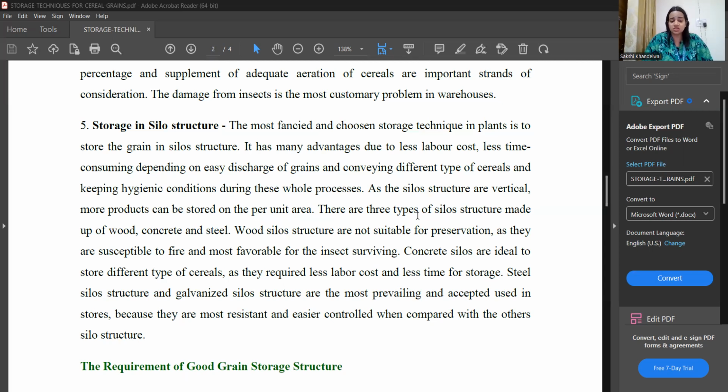So they are controlled, and when compared with the other silo structures, such as wood silos and concrete silos, stainless steel silos are still considered the best.